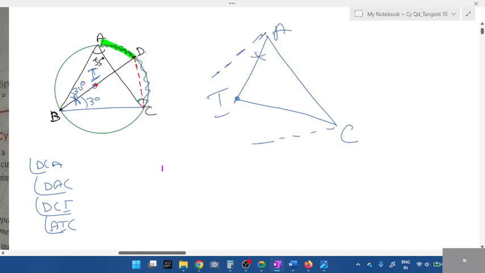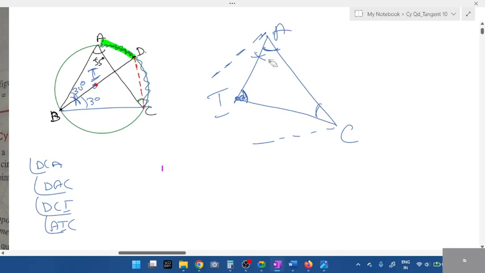Two parts, right? If I get this angle, for example, this is 50 degrees, and this is 50 degrees, 50 plus 50 is 100, then what will be AIC? 180 minus 100 is 80. Is this clear? Sum of interior.